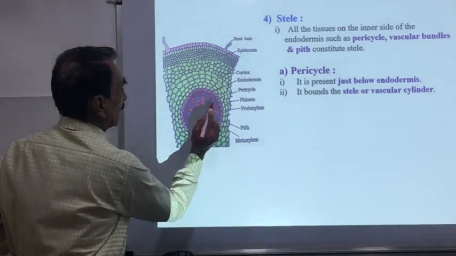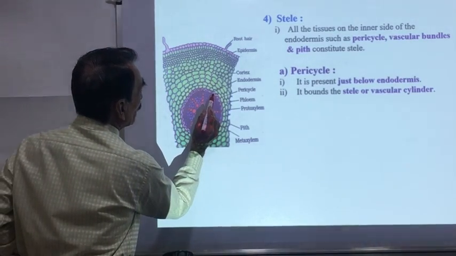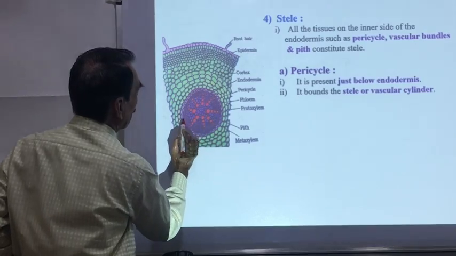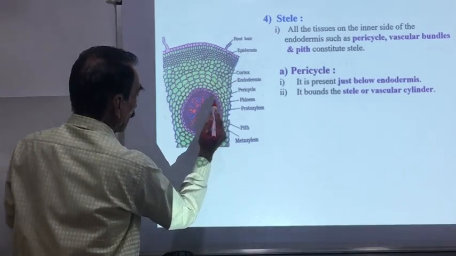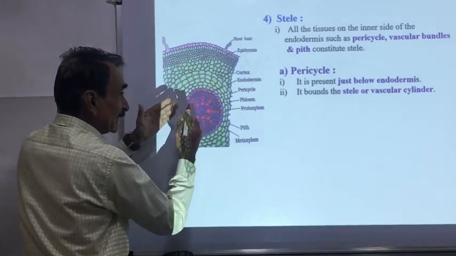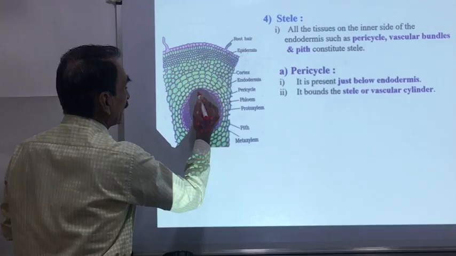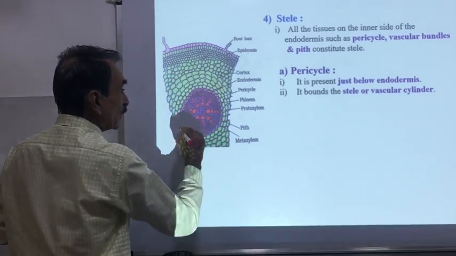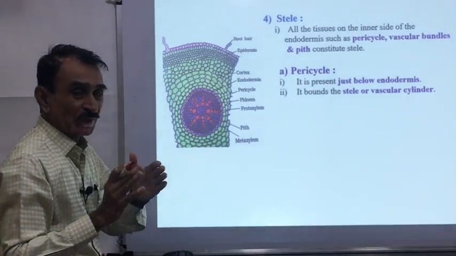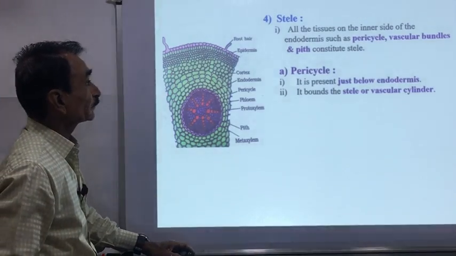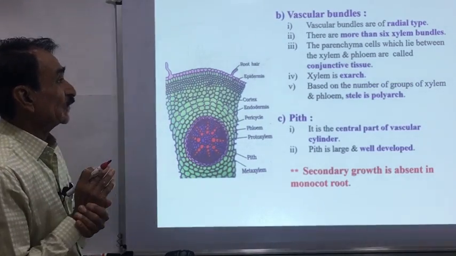Firstly, we shall see the pericycle. Endodermis is followed by the pericycle. Inside the endodermis, there is a single layer of pericycle, and this pericycle encloses or bounds the stele of the vascular cylinder.